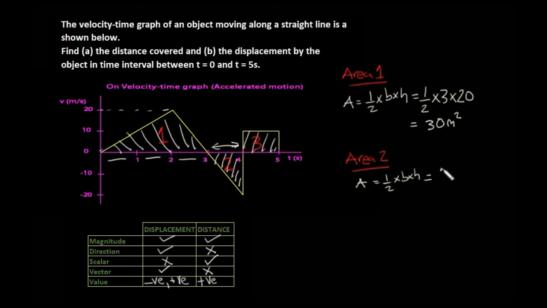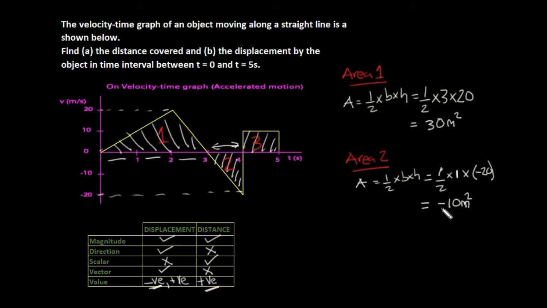So we got half times 1, which is the base, times the height. The height over here is 0, and this corresponds to minus 20. Now let us just put minus 20. The reason we're putting minus 20 is because we know the displacement value can be negative, whereas distance value can only be positive. We simplify this further and we get minus 10 meters square.